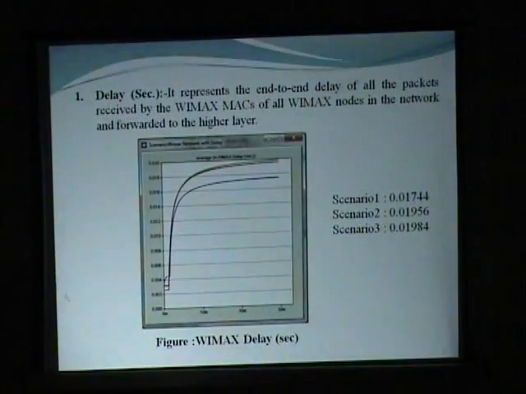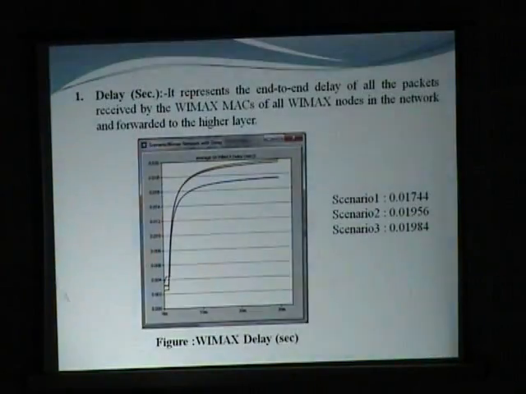Delay. The blue line is shown in scenario 1. The red and green lines indicate scenario 2 and scenario 3. In scenario 1, the maximum delay is 0.01744, and the mobile nodes are less.